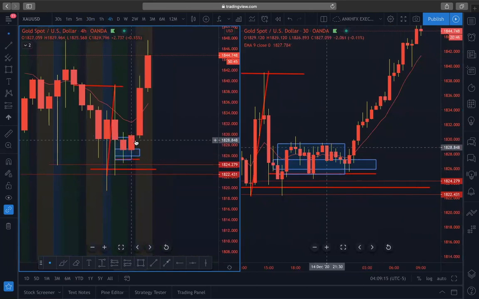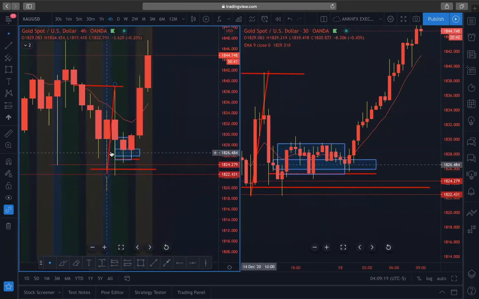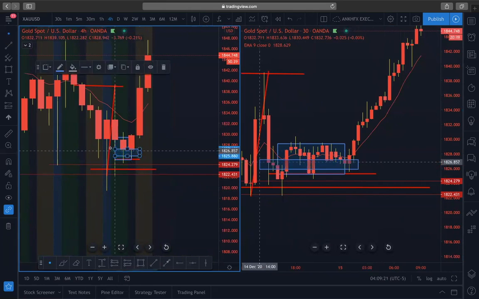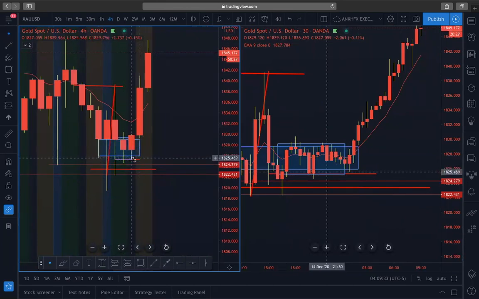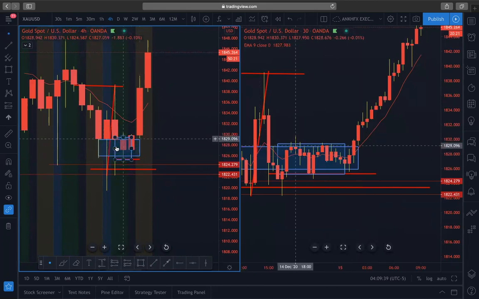We can look at the 4 hours too. Our price basically created a sort of liquidation. Price pushed down, created this bottom wick, then took off from the support and closed as a bullish engulfing candle back inside this level.